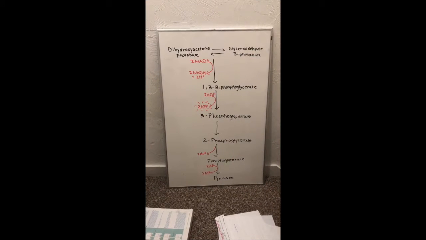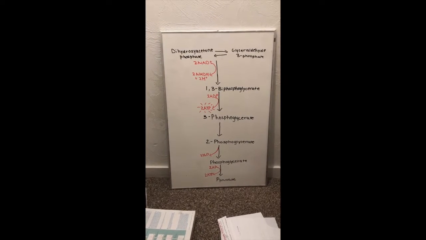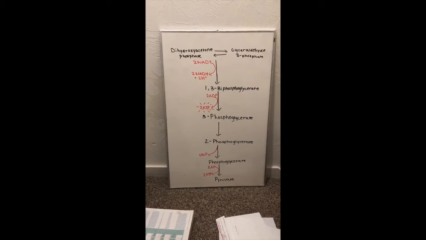Step 6 of glycolysis begins the energy payoff phase. An important enzyme known as triose phosphate dehydrogenase catalyzes 2 sequential reactions while it holds glyceraldehyde 3-phosphate in its active site.